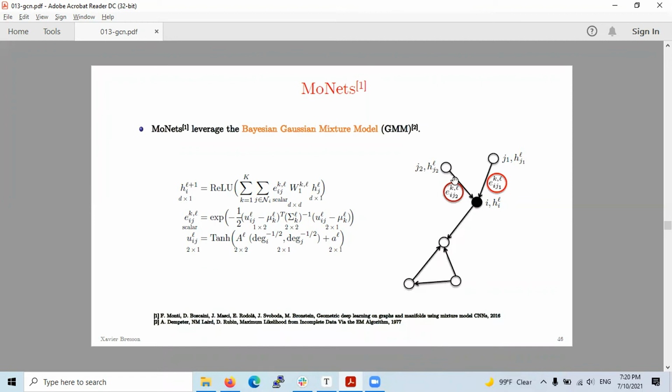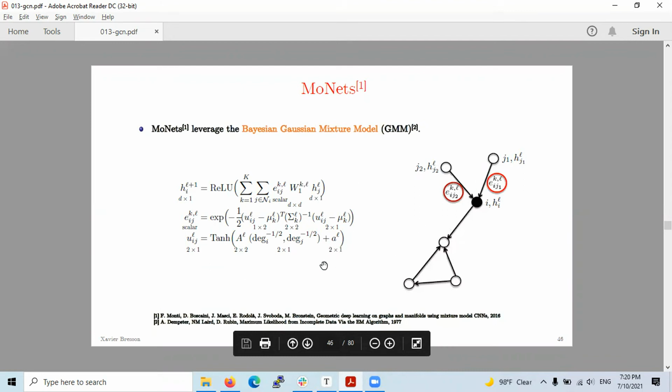How do you figure out what the edge weights must be? One way of doing it is probably using the Bayesian Gaussian mixture model. So this is how monads learn direction in the edges.